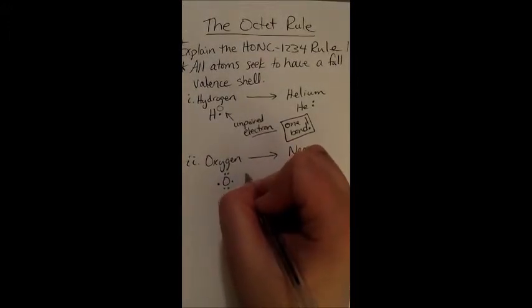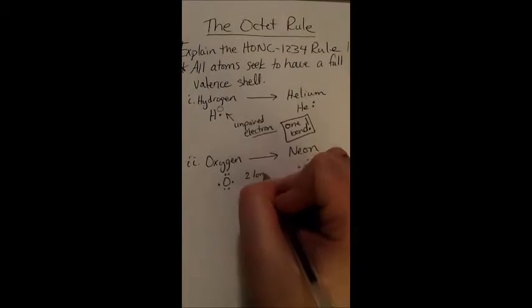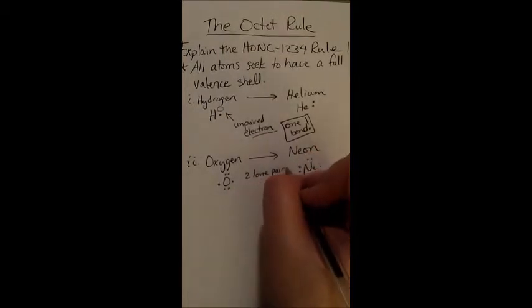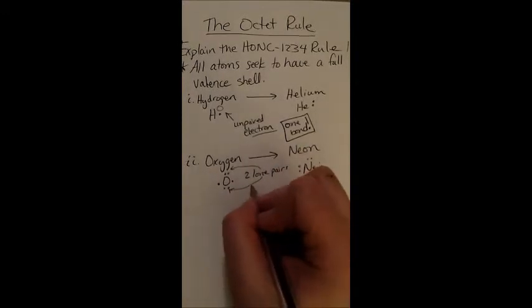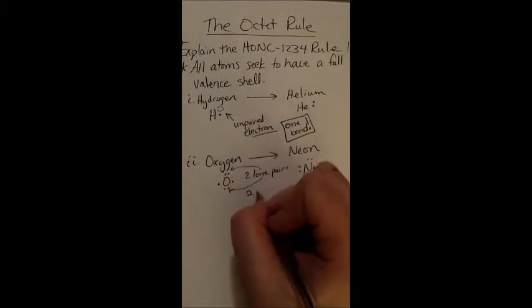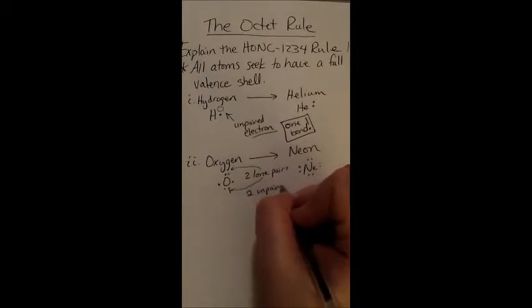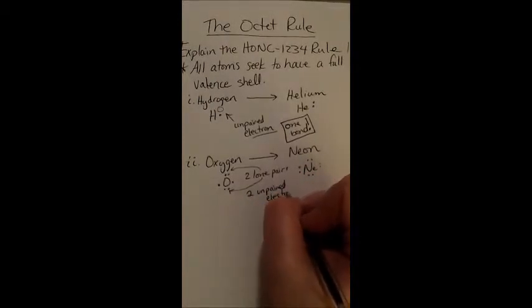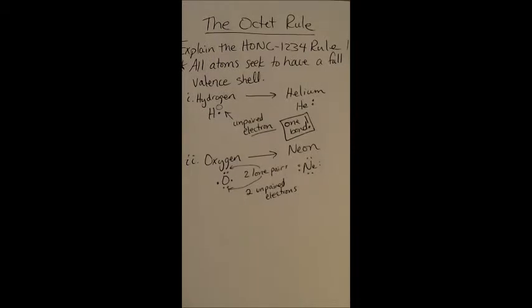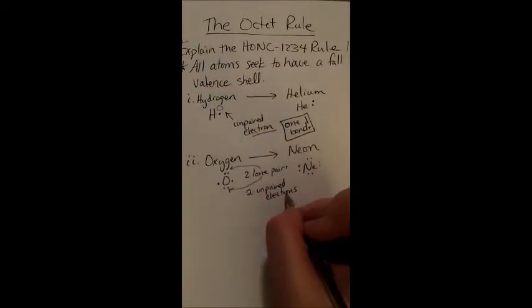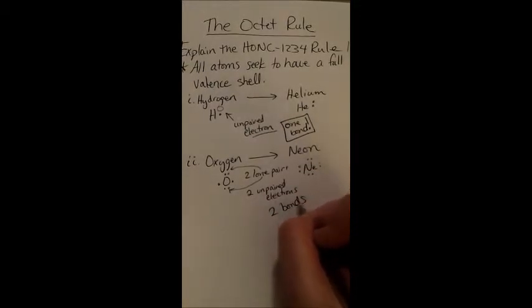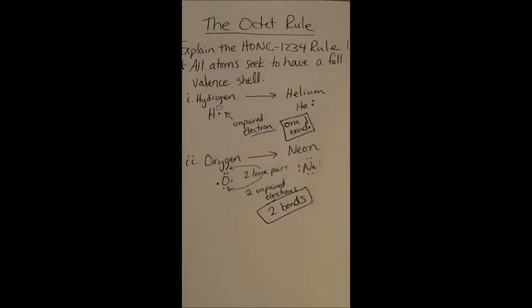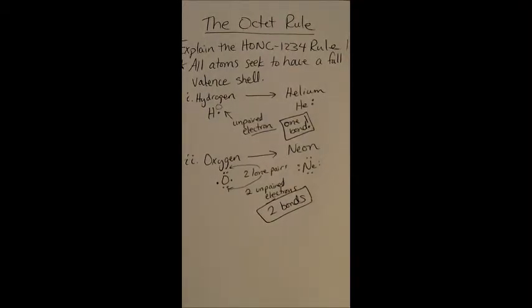We have 2 lone pairs. So the lone pairs are up on top and down on the bottom. And then we also have 2 unpaired electrons. So for every unpaired electron, we want 1 bond. So with 2 unpaired electrons, then we want 2 bonds. And that's starting to follow our honk rule.